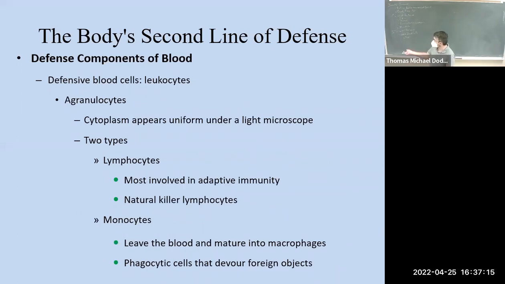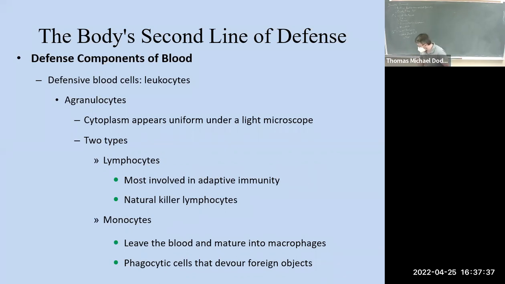So we've got the granulocytes, here's the agranulocytes. There are some more types. These are called lymphocytes, which we talk about in adaptive immunity. Natural killer lymphocytes with adaptive immunity, monocytes, which are part of the blood. Some of these are macrophages. So these are big eaters, okay?